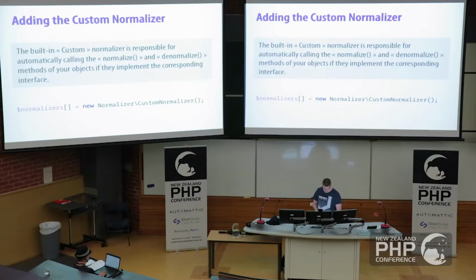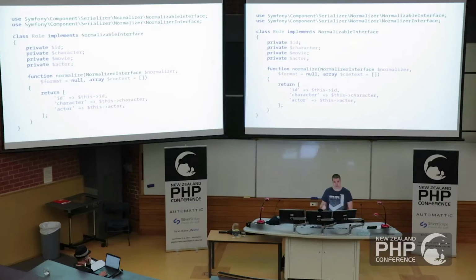So you can use custom normalizers. This custom normalizer allows you to change the way you represent one single object. For example, for the roles, we don't want to output this movie attribute. Remember, it displays the movie attribute with the ID of the movie. If you want to exclude it in your output, you can create a custom normalizer.